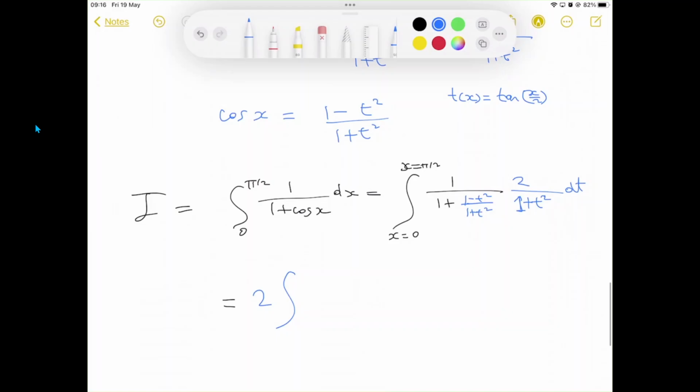If you sub in x equals 0, you get t of 0 is equal to tangent of 0 over 2, which is 0, and tangent of 0 is also 0. And if you sub in pi over 2, you end up with tangent of pi over 4, which is 1. So our limits end up being evaluated as t equals 0 and t equals 1.